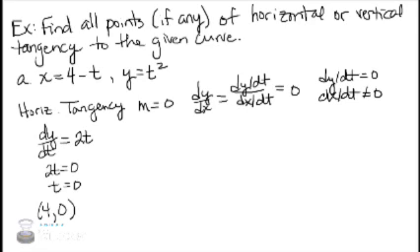Now, that is to say, as long as dx/dt is not 0, we still have to check that. So dx/dt is actually just -1 in this case. So dx/dt can never actually equal 0. That tells us two things. One, yes, in fact, this is a point of horizontal tangency.